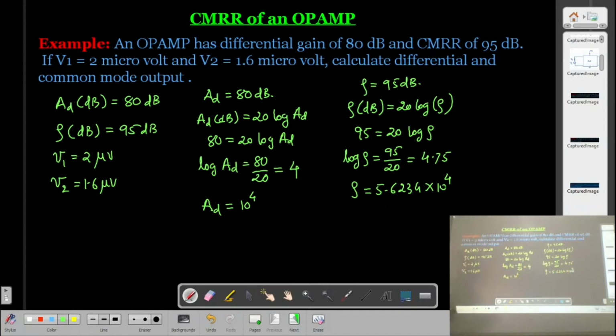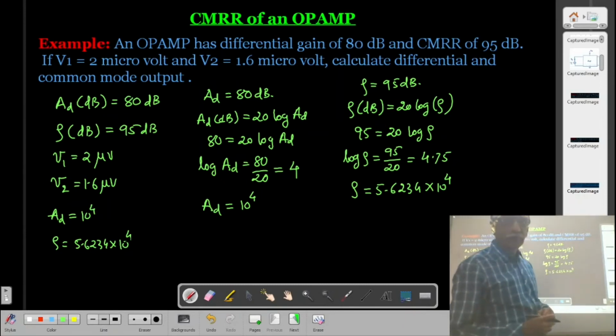So remember, for this example, first of all, you have to convert this dB into a normal value. So here I will write that AD is 10⁴, and the value of rho is 5.6234 × 10⁴. Okay?